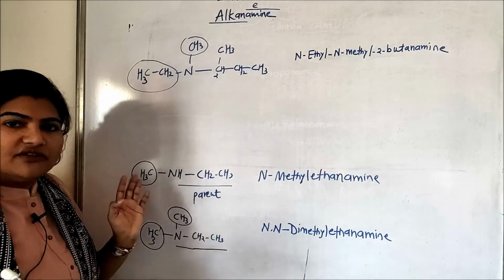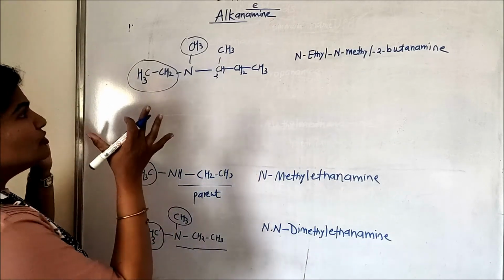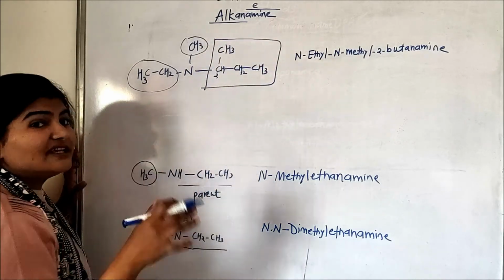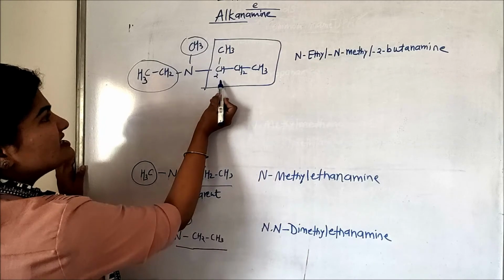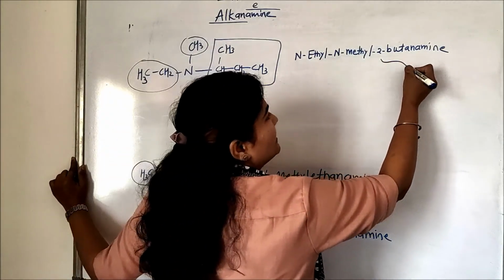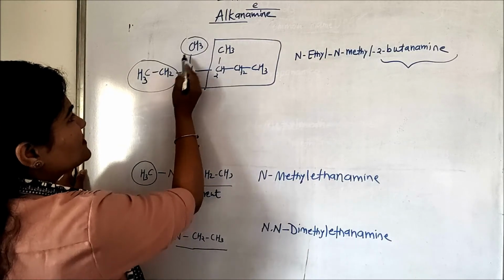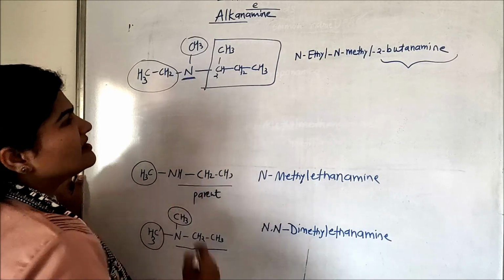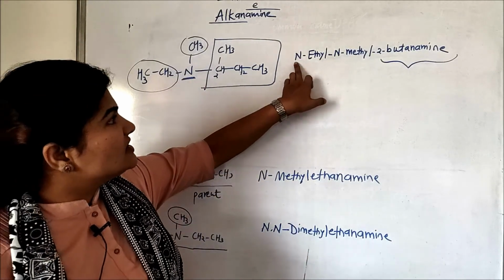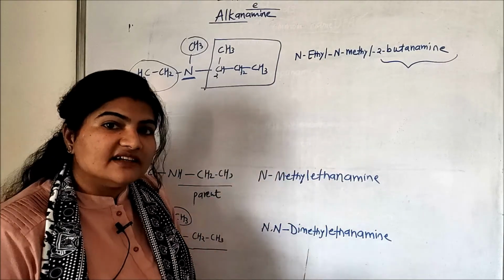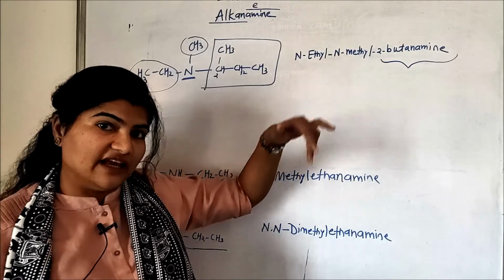So basically what we are going to do is just look at the structure, identify the biggest alkyl group, and consider that as your parent, and then just put the names of the substituents and put N before them, so that we can understand that these groups are placed on nitrogen.